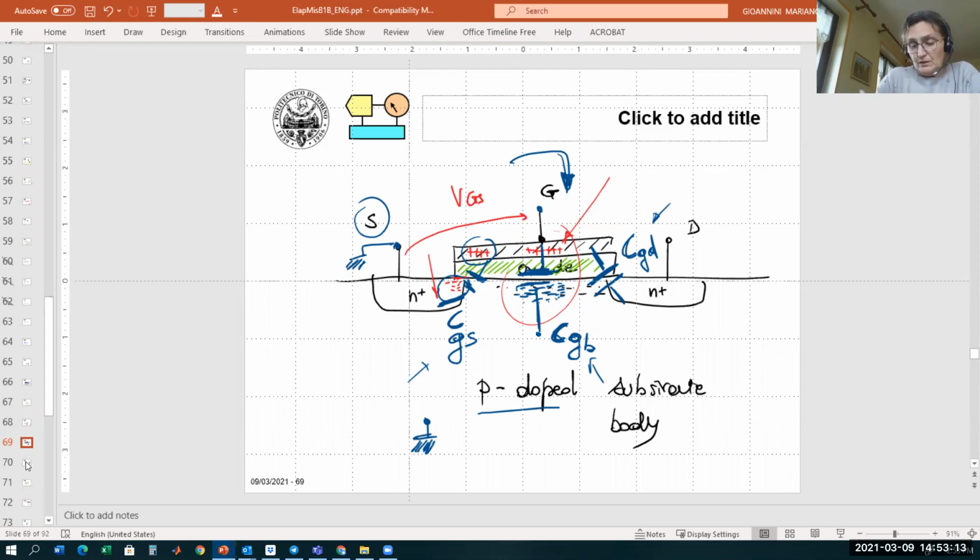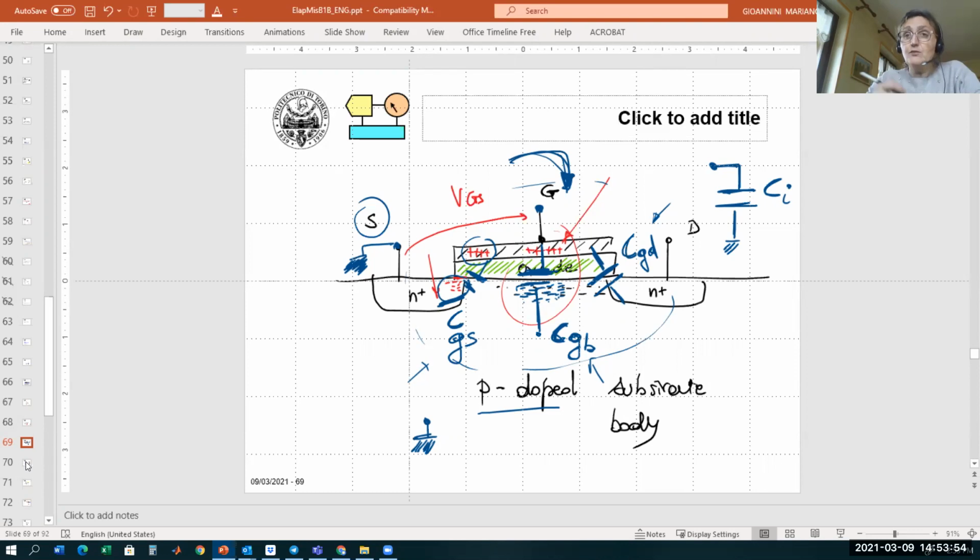And so it means that if we look in this direction, what do we see? We see an equivalent capacitance that stays between ground and the gate, right? So in conclusion, we can say that if this is a gate, we have in total an equivalent capacitance, C input. So this is the equivalent capacitance that we see looking inside the gate of the MOS.